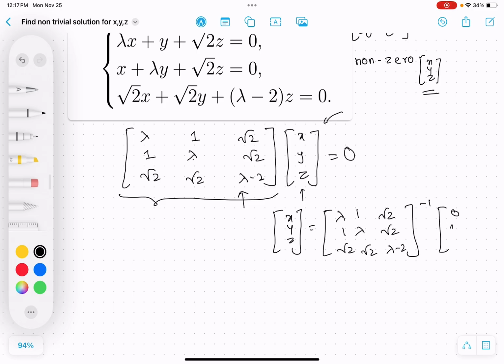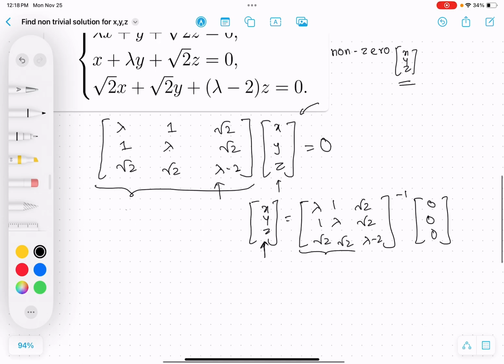I can take the inverse because I assumed the determinant is not 0. Now if I multiply its inverse with the 0 vector, definitely we will get 0. So what we got is that this non-zero vector equals the 0 vector.